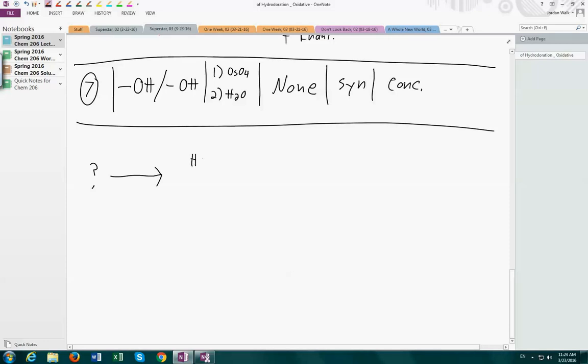So let's say that we end up with a product that looks like this. So I ask you, all right, how could we have some starting material that goes in our question mark that would lead to this product?